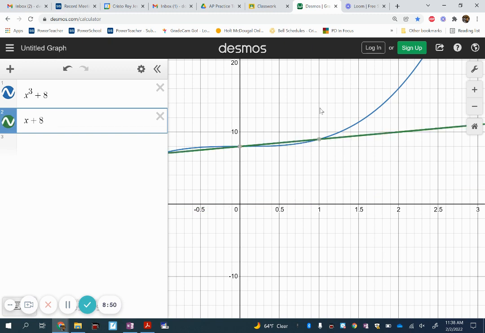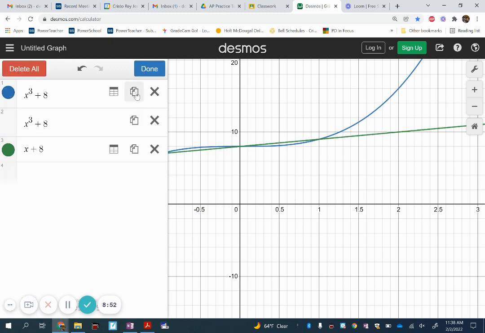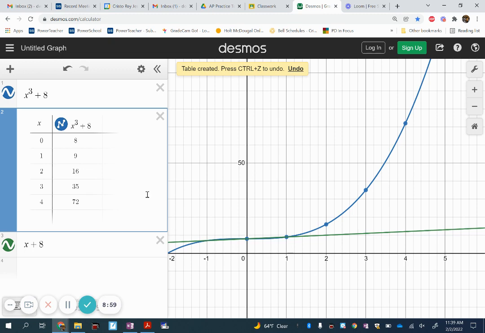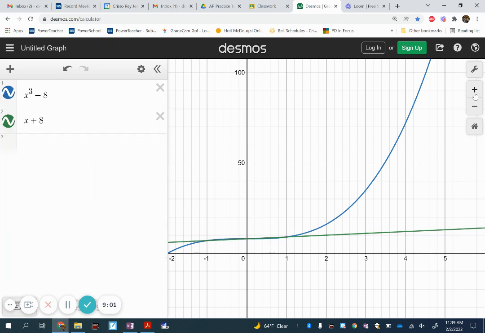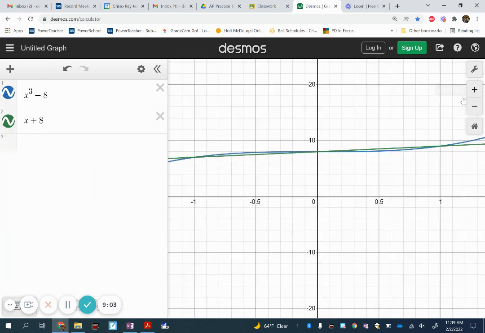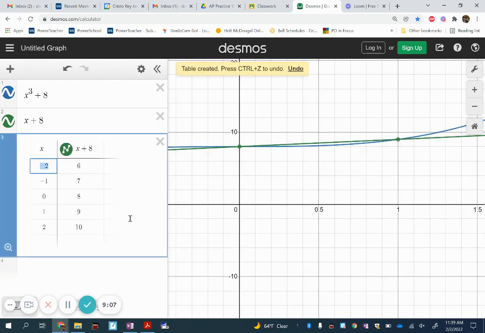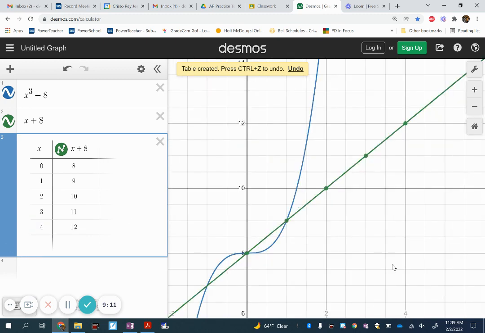Okay. And if you look, let me make this a little bit nicer to see. So 0, 1, 2, 3, 4. Let me zoom in. There we go. That's a little bit better.